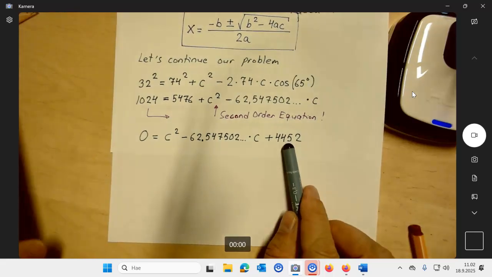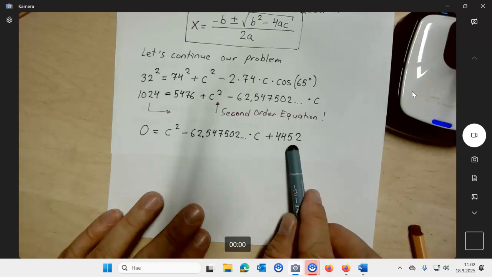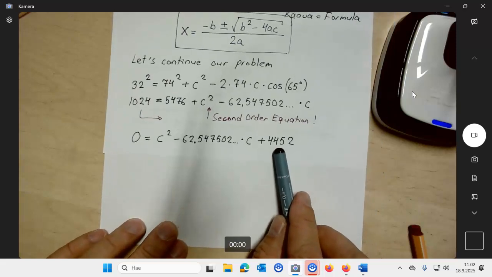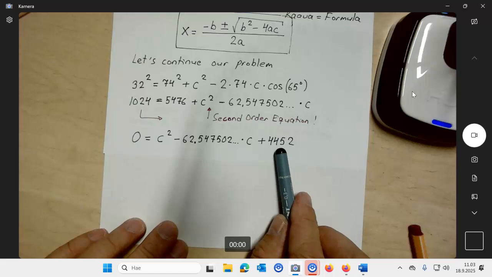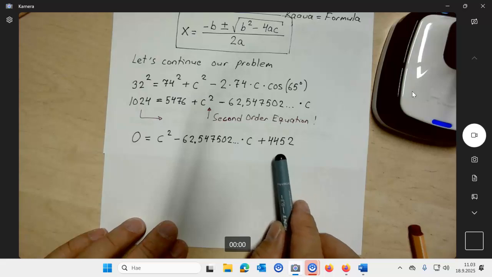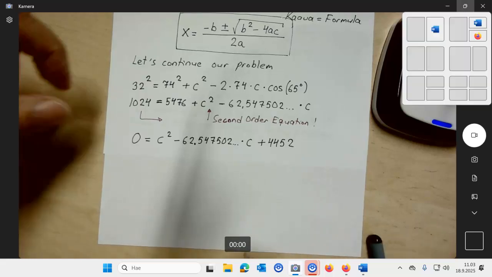How do you say this number in Finnish? Yeah. Kyllä.